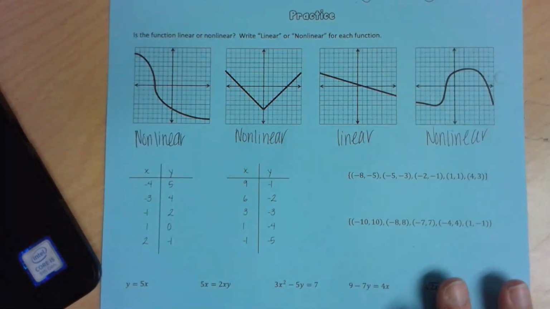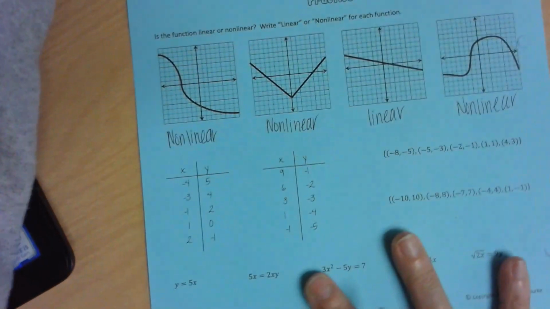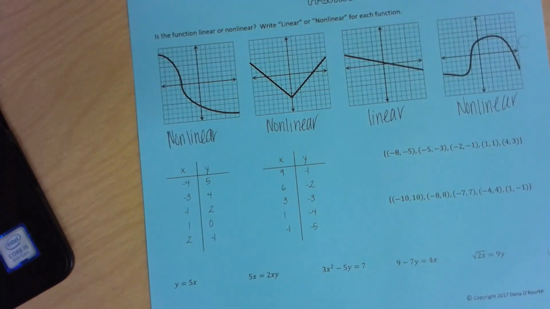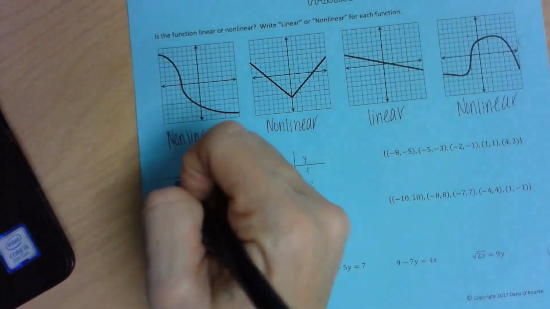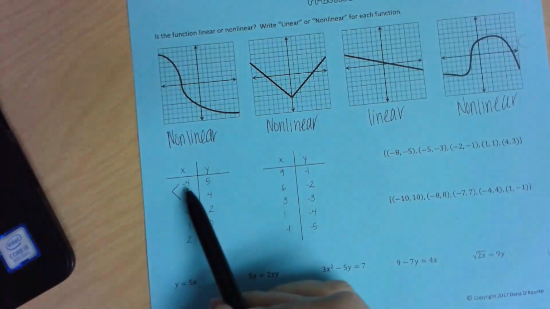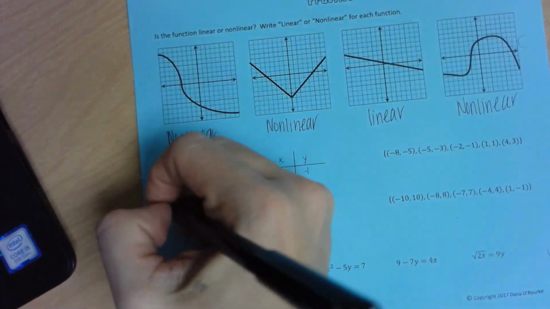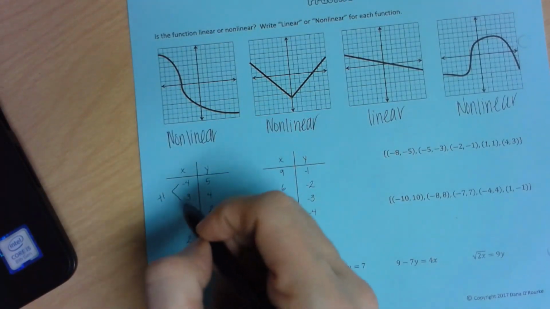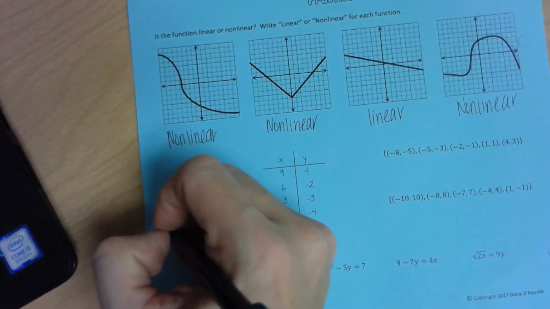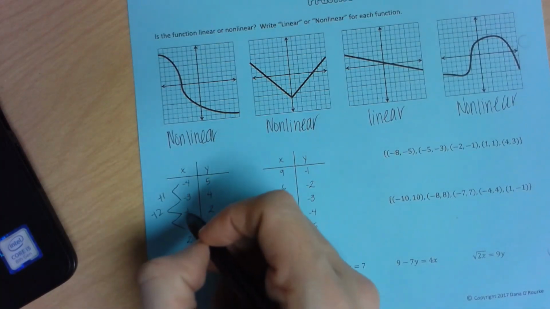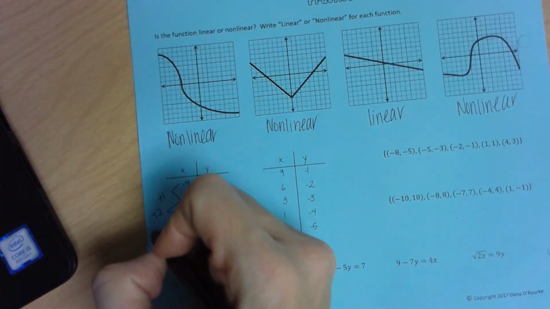Okay, so remember we looked at the change of our y over the change of our x. So let's see what's happening here. -4 to -3 is a +1. -3 to -1 is a +2. -1 to 1 is a +2.